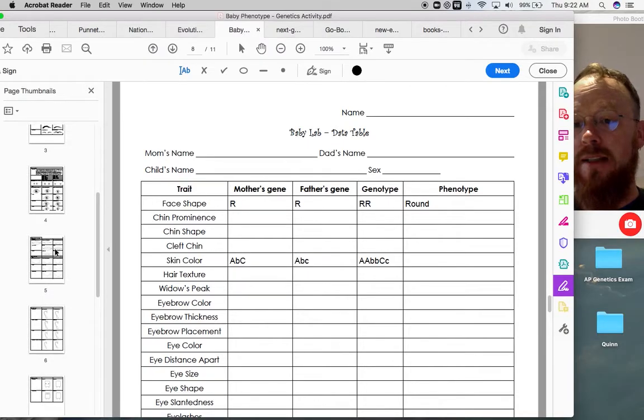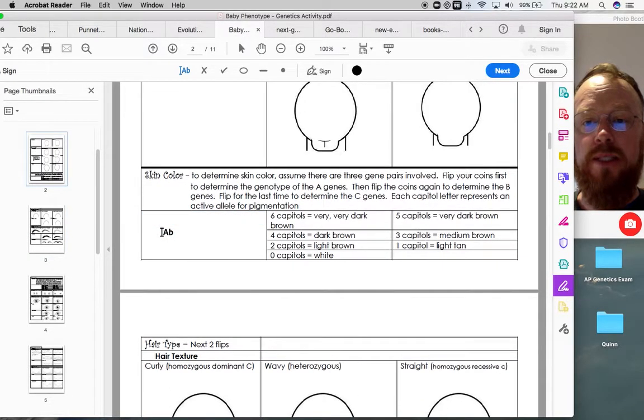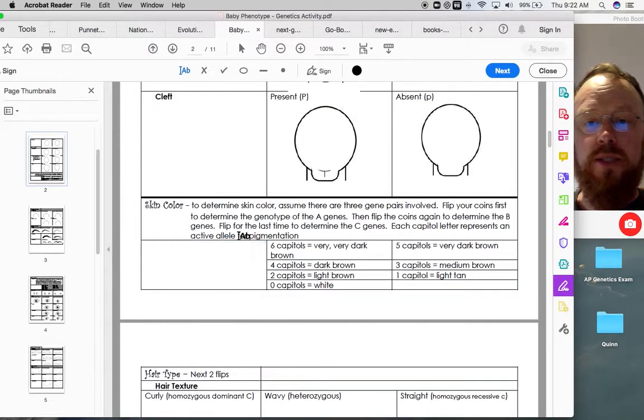Well, let's go back to that description, which is on page 2 here, and it says 6 capital letters or 6 dominant alleles is very, very dark brown. Okay, so it goes all the way down to 0 dominant alleles, white, super unpigmented, right?